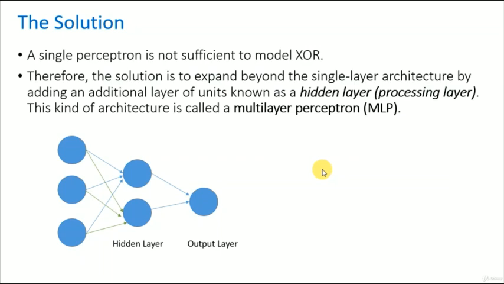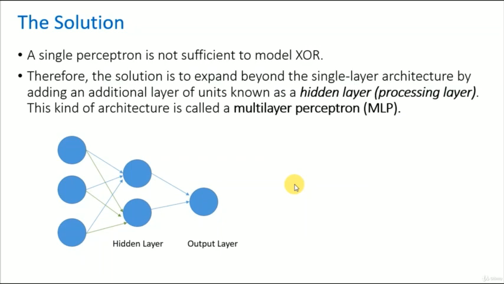Therefore, the solution is to expand beyond the single-layer architecture by adding an additional layer of units called the hidden layer. This is the hidden layer here. Sometimes it's called the processing layer because it processes your inputs, and then this processed result gets passed to your outputs. This kind of architecture is called a multi-layer perceptron, or MLP for short.